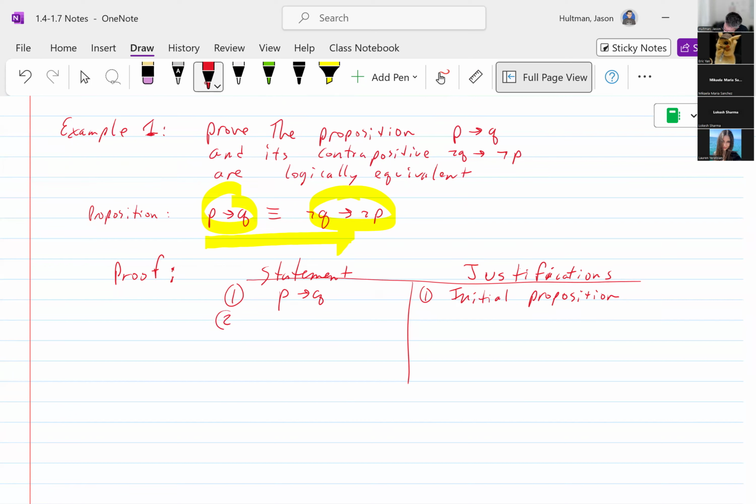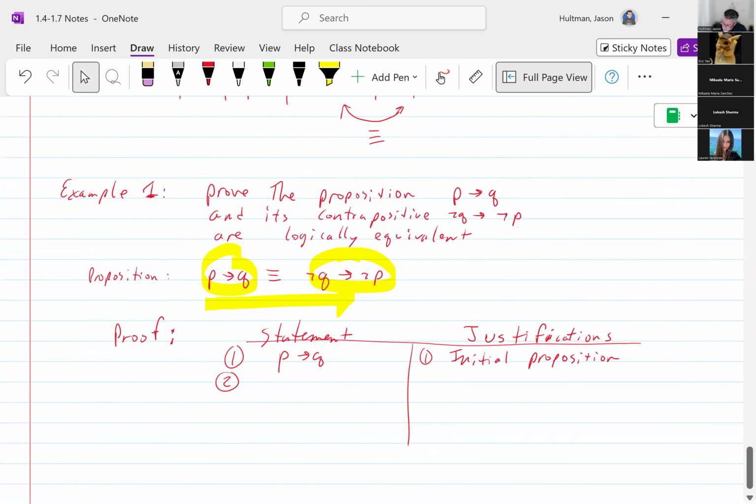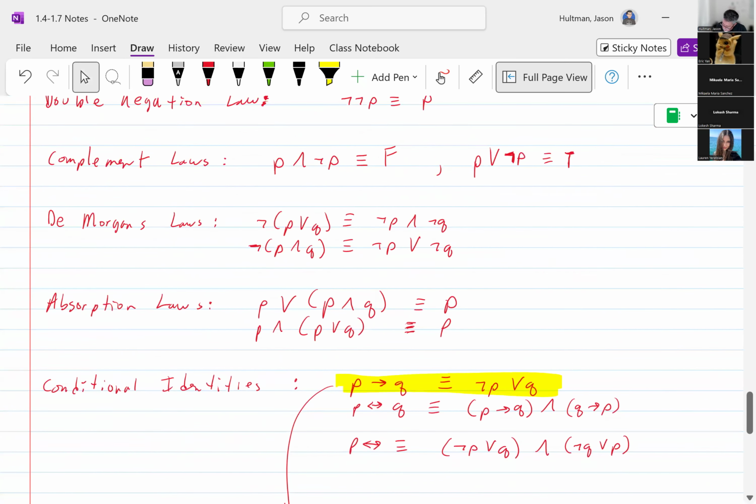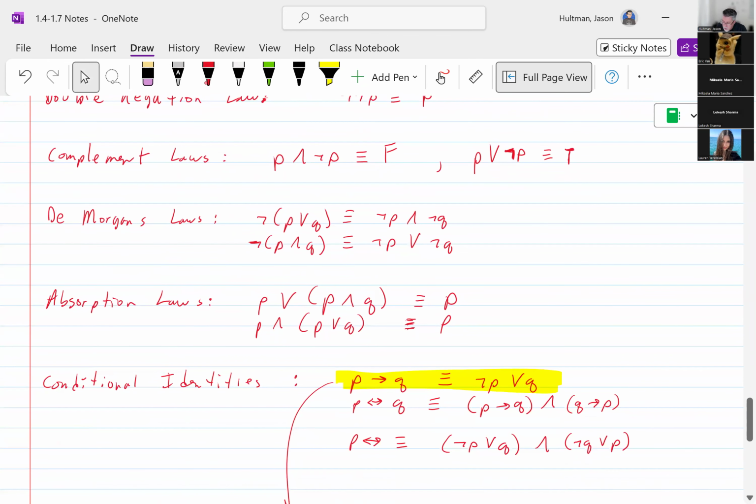Okay, number 2. Where can we go from here? Well, let's use some of these laws that we just went over, and the one that we just proved.